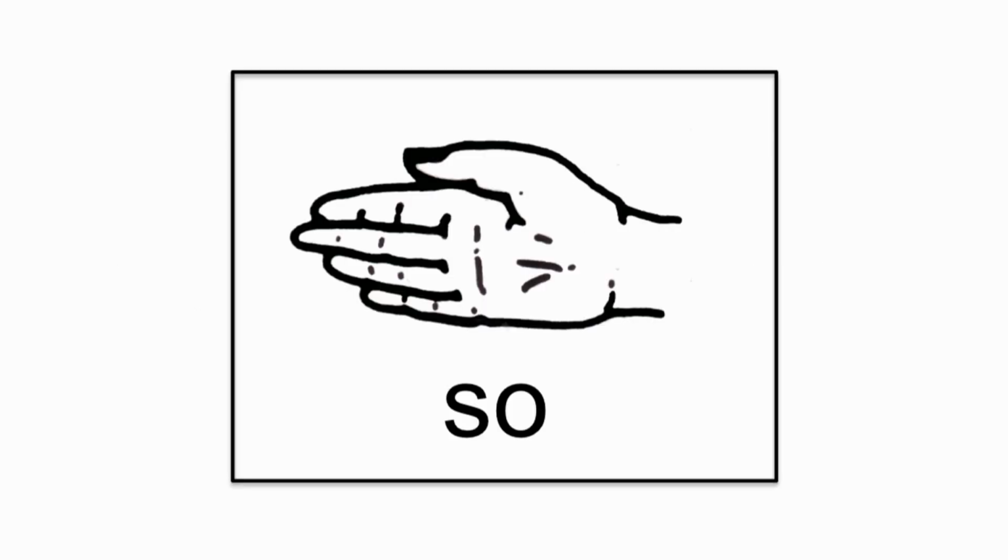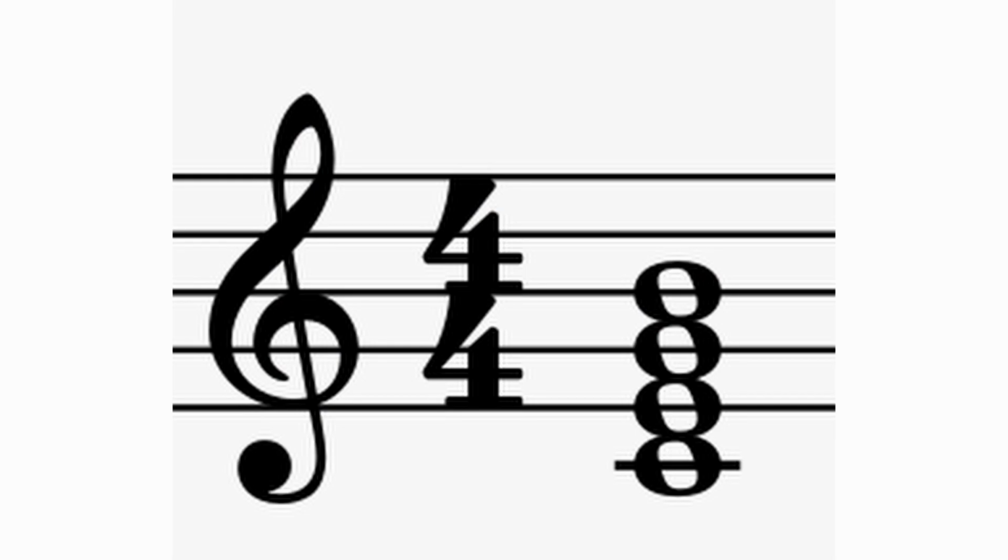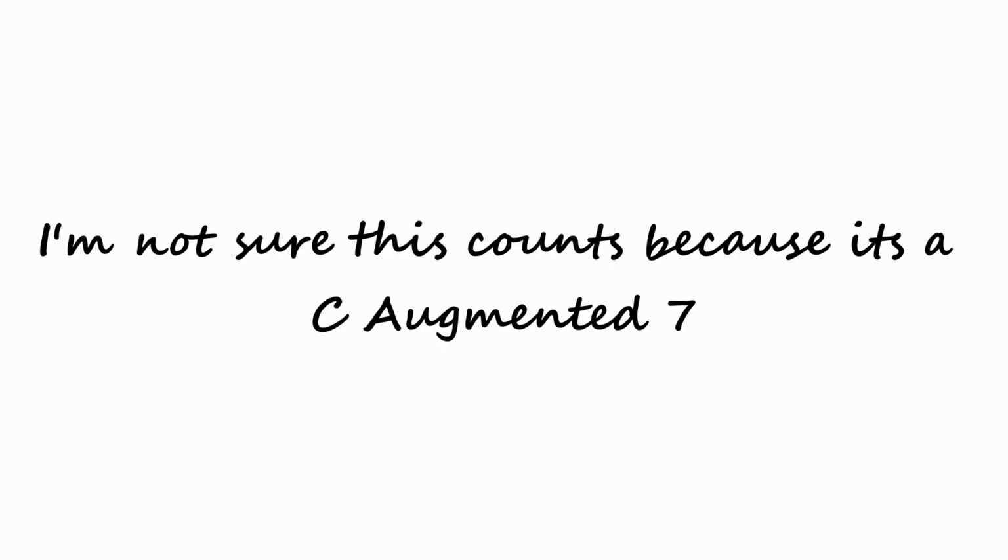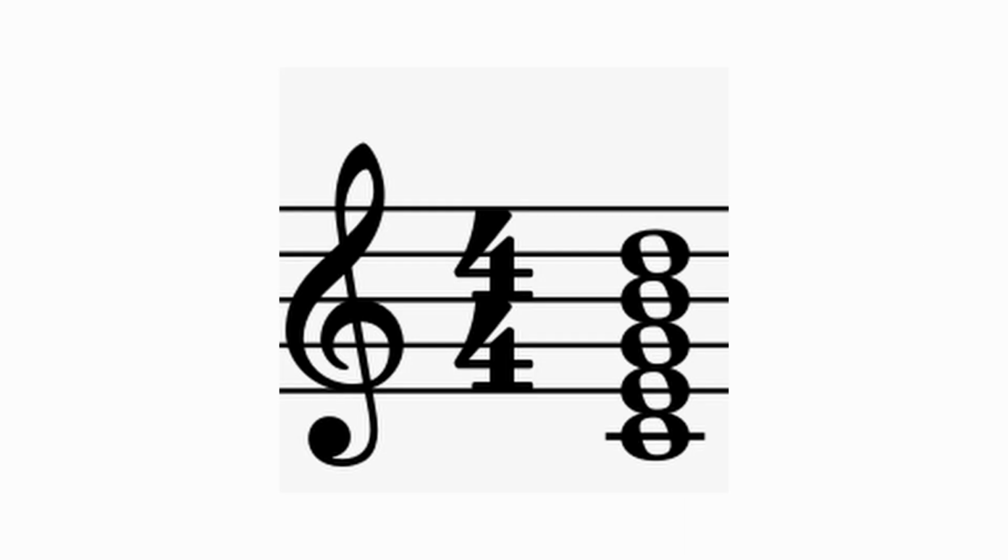So let's do a C major 7. And then I can raise the fifth and make something like this. See, how's that? A little weird sounding. Or I can lower the ninth.